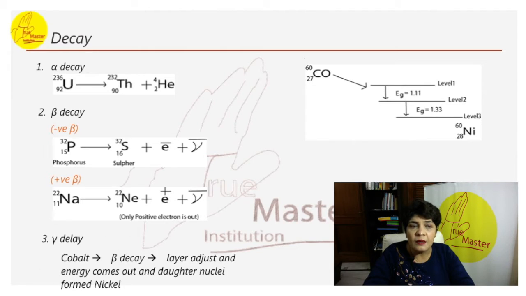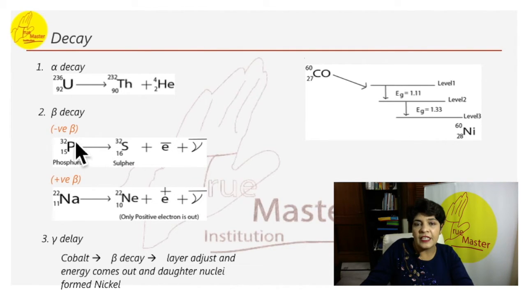So in beta minus decay, an electron and a new particle, an anti-neutrino, are emitted from the nucleus. For example, phosphorus 32 breaks down into sulfur plus a minus electron and an anti-neutrino. This minus electron makes it a negative beta.